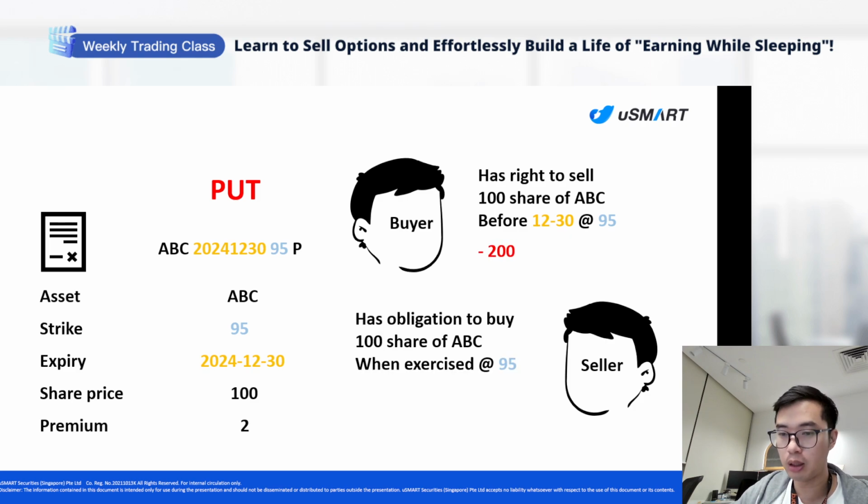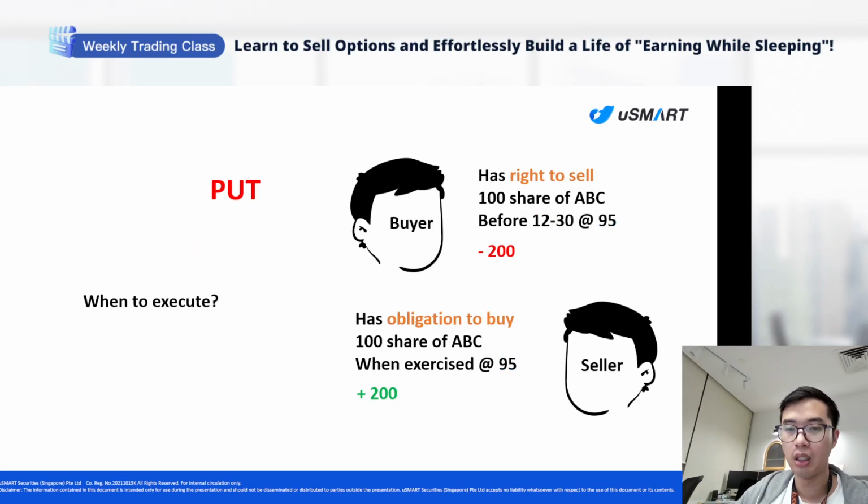The premium is the same $2, and as a seller, we directly receive $200. However, if we hit the strike price, remember, as the put seller, the strike price is not the take profit limit. The strike price is the buy limit.